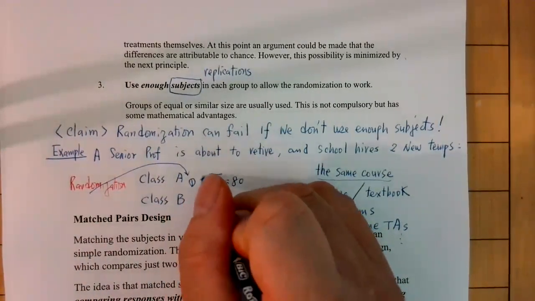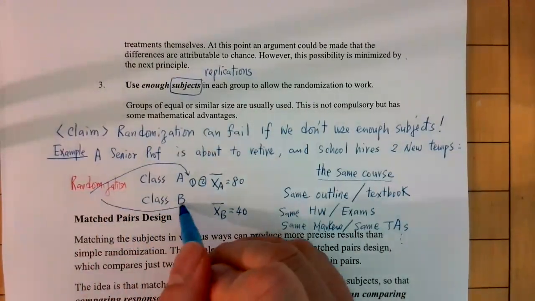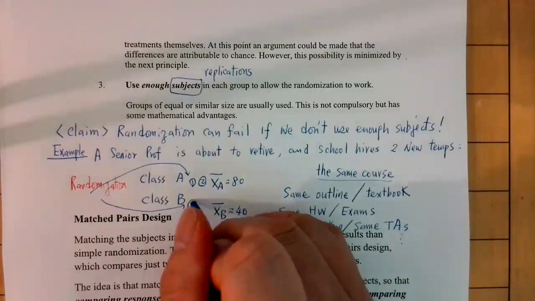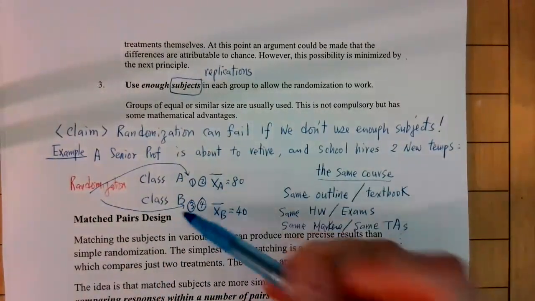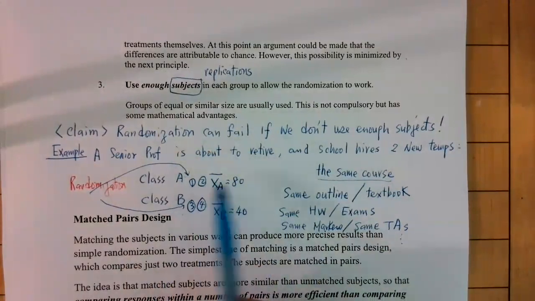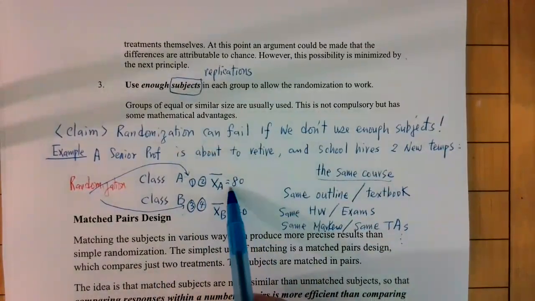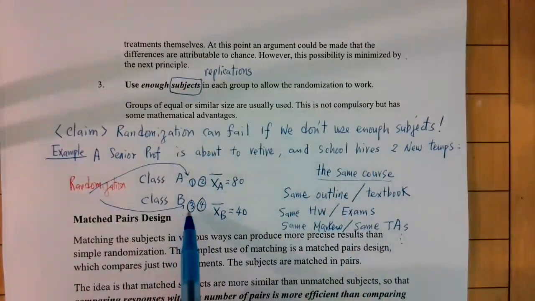Students 1 and 2 go into class A, and the rest, 3 and 4, go into class B. At the end of the semester, okay? Taking the average of these two students' scores, the average is 80% for class A. And for these two students, the average is only 40%, okay?